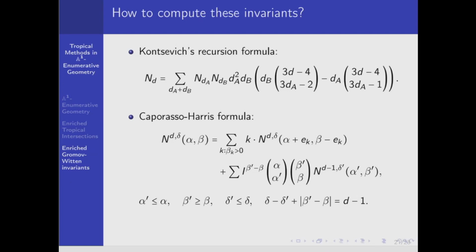So these are now counts of curves with respect to a line. We fix the degree and the points, but we also fix the intersection of your curve with a base line, and then we have a recursion formula for these. So this is for the complex case, and the Caporaso-Harris formula can be modified in such a way that we can compute the Welschinger invariants.